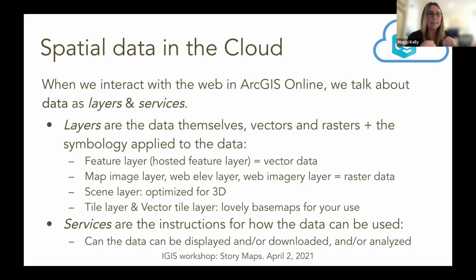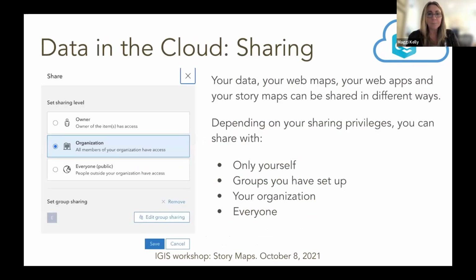And so the data layers are the data itself, a vector layer or a raster dataset. And then services are the instructions for how these data can be used. Can they just be visualized? Can they be analyzed? These sorts of things. So it's just a little bit of a difference in terminology.